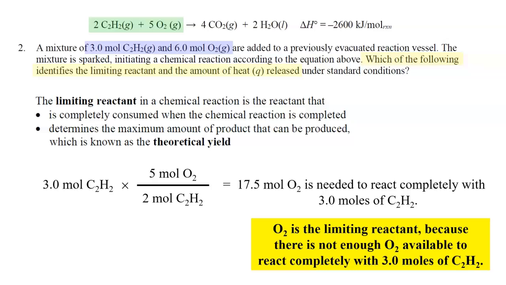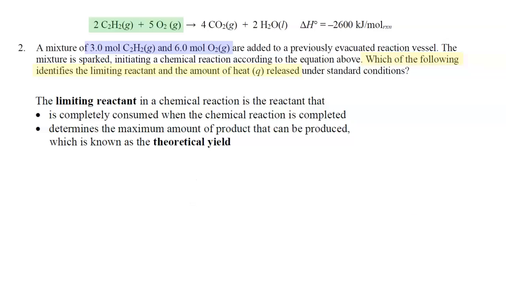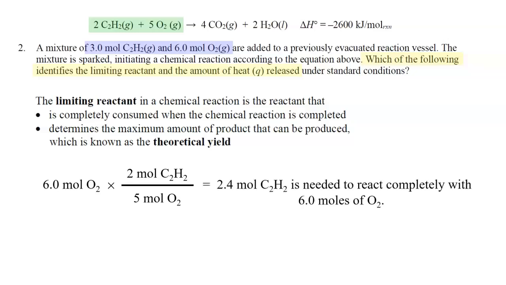And if I do the other calculation, starting with 6 moles of oxygen, I can use those coefficients to convert from moles of oxygen to moles of acetylene. And when I do that, there's 2 moles of acetylene consumed for every 5 moles of oxygen. 6 times 2 divided by 5, I get a value of 2.4. So there's 2.4 moles of acetylene needed to react completely with 6 moles of oxygen.